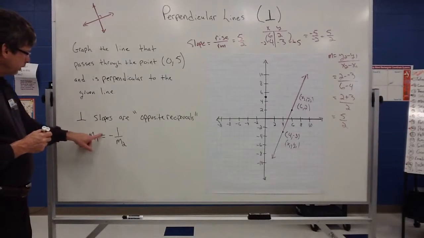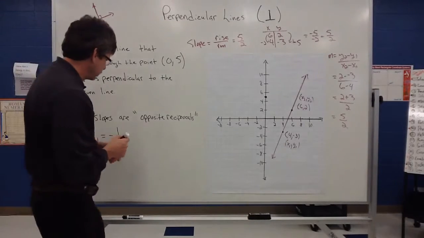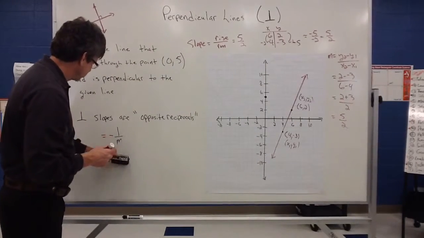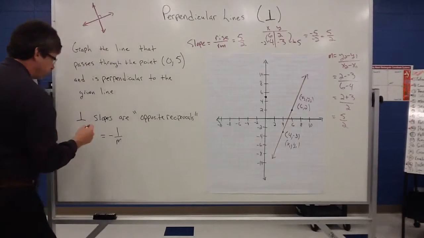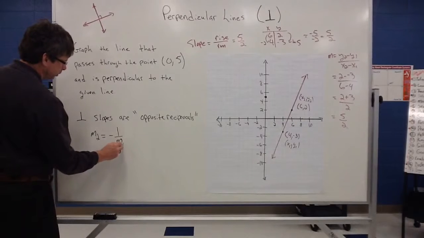So what we are going to say here then, if I know slope 1, slope 2, let me try to write that out a little better. My slope for the second line is going to be the opposite reciprocal of the first slope.